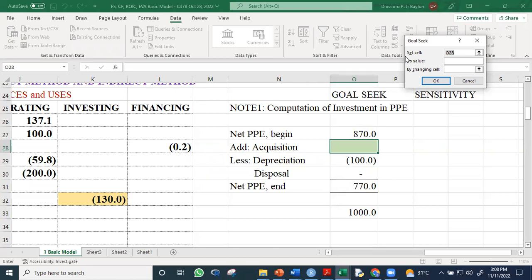The name itself is self-explanatory. Set cell: what should we set? And then to what value? So obviously, set cell will be what, class? Okay, I have an answer here. Set cell should be what?